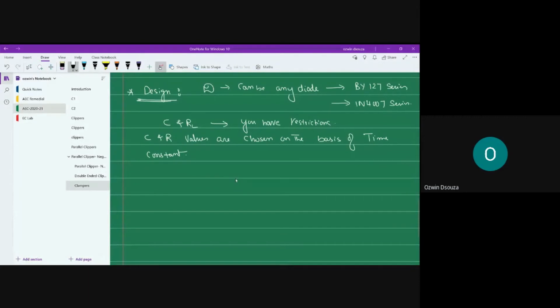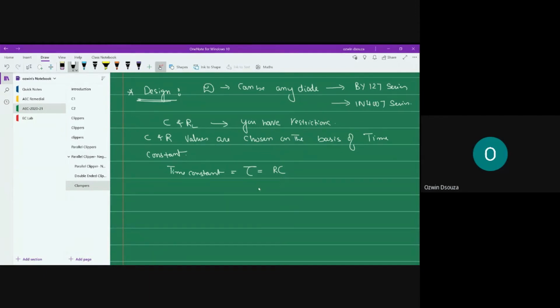Now this time constant refers to the product of resistance and capacitance. Time constant is popularly denoted by the symbol tau, R into C. So the product of resistance and capacitance is nothing but the time constant. This is for a capacitive circuit.